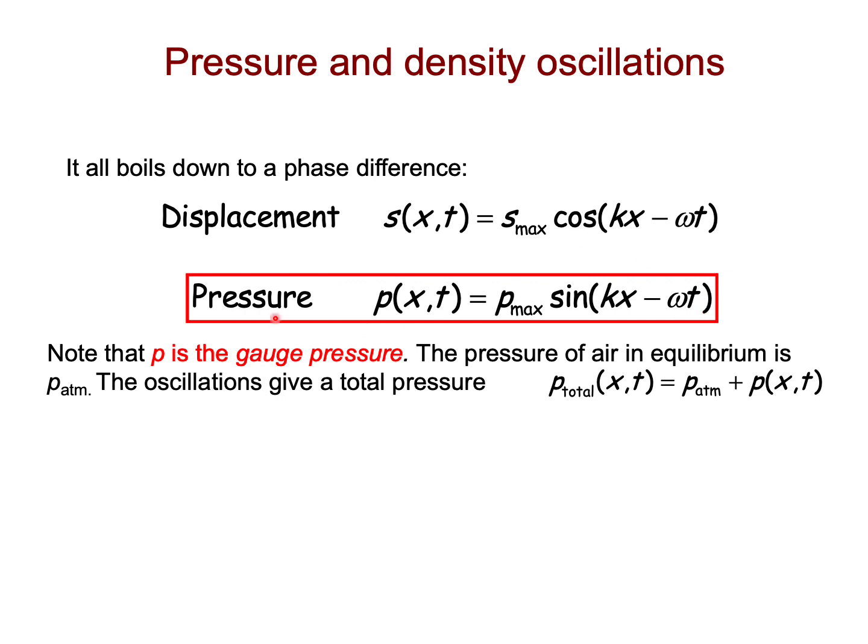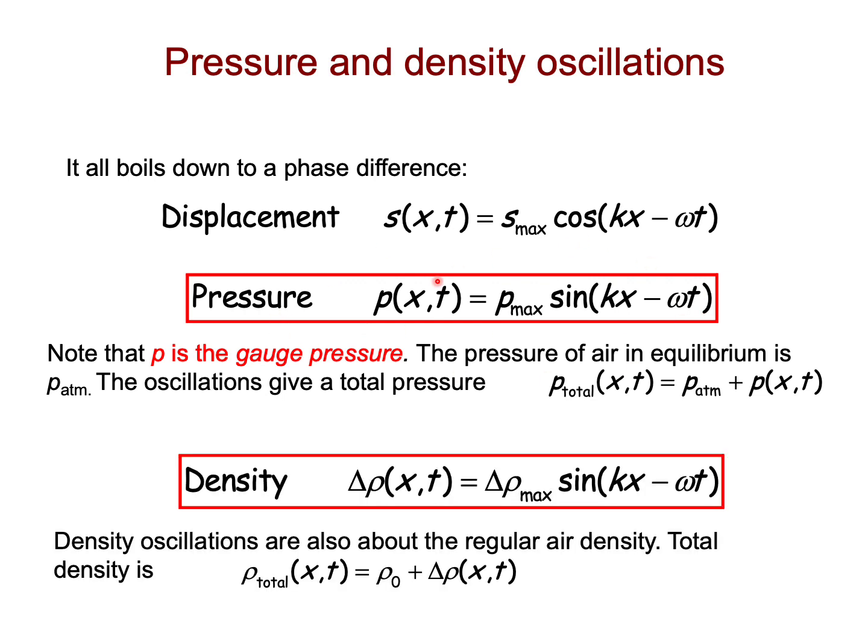That is what this function is describing. Note that the density is in phase with the pressure, and that should make sense. Where you have a higher pressure, you have a higher density. Where you have a lower pressure, you have a lower density. And again, you can define density oscillations as being fluctuations around the nominal air density.